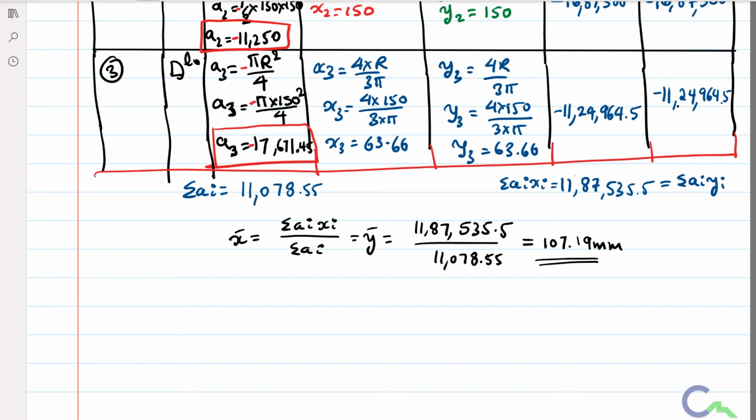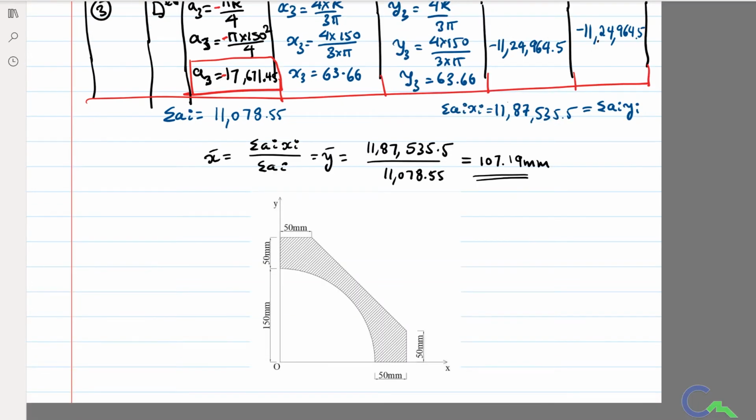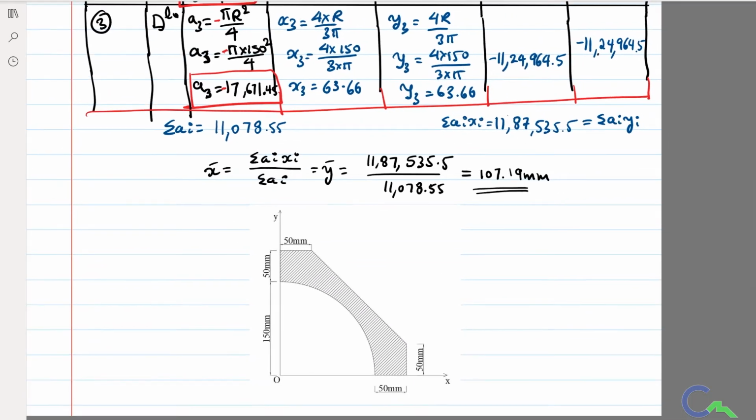After that same thing I have to show in the diagram or final figure. So here we have our final figure on which I have to show the x bar value with respect to OY axis. I will show here, maybe x bar is equal to 107.19.